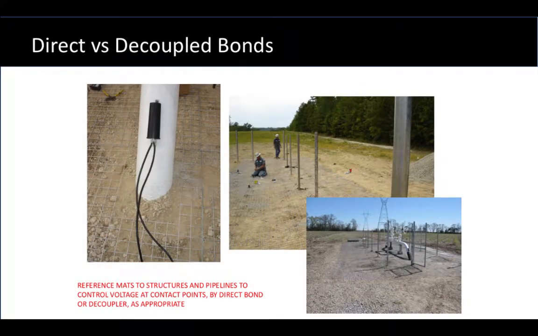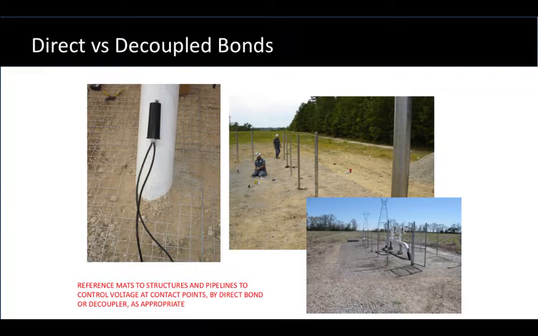Here's an image of a block valve site that's been built and issues about what can be directly bonded and what needs to be decoupled. In this case, of course, our pipeline has cathodic protection, and therefore on our left-hand picture, you'll see a decoupler, the black cylindrical object, connected between the pipeline and the gradient control mat, and that's the silver-looking grid all around the pipe.